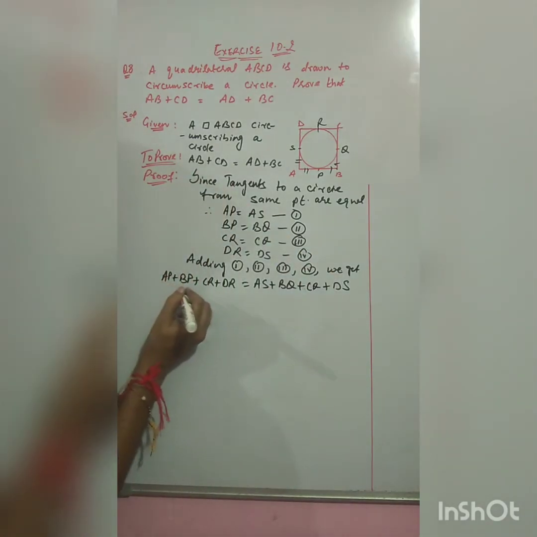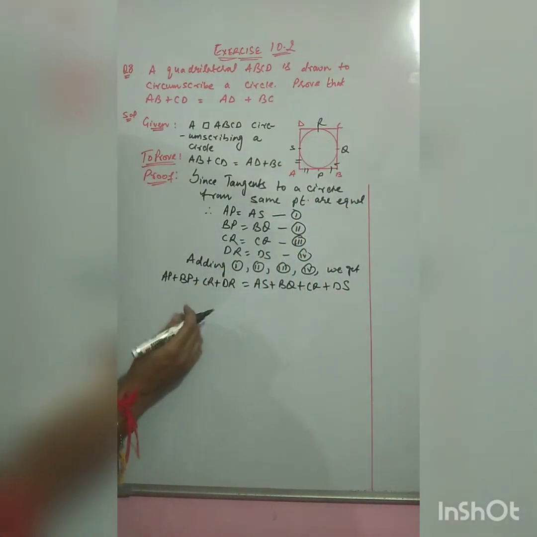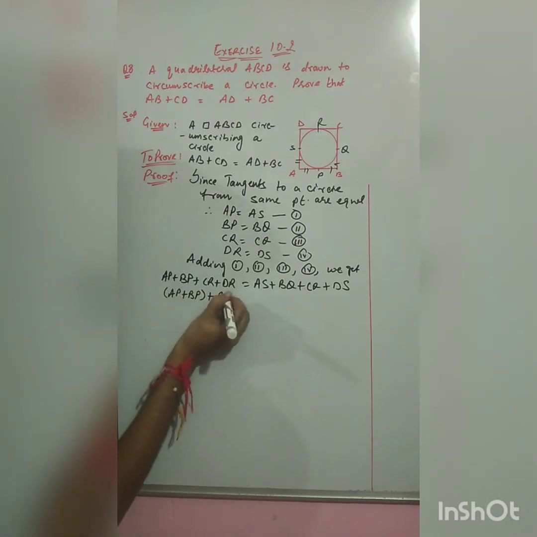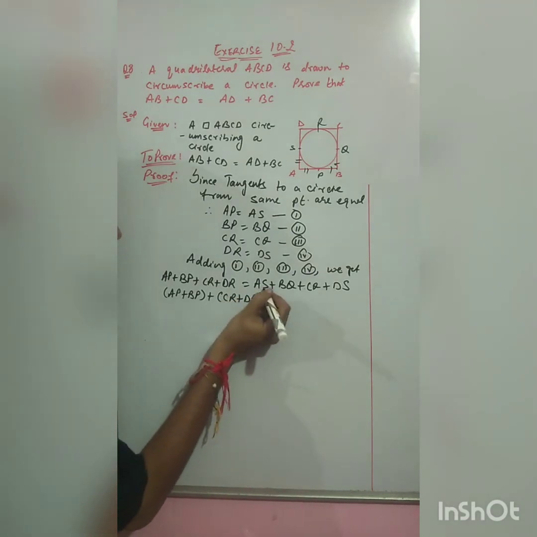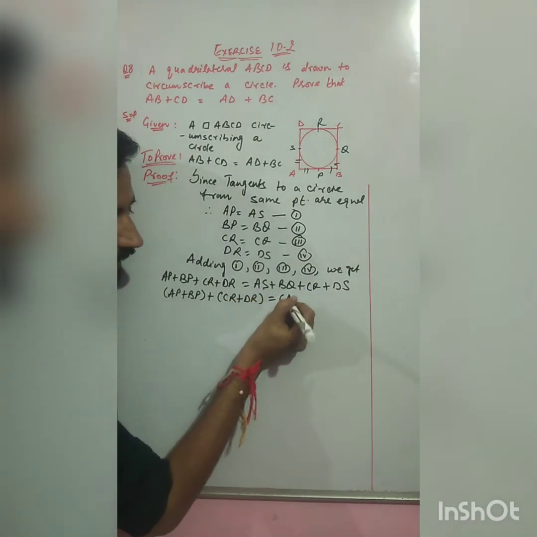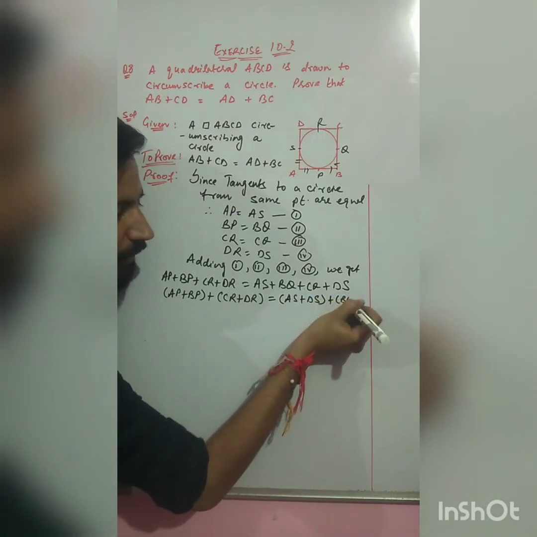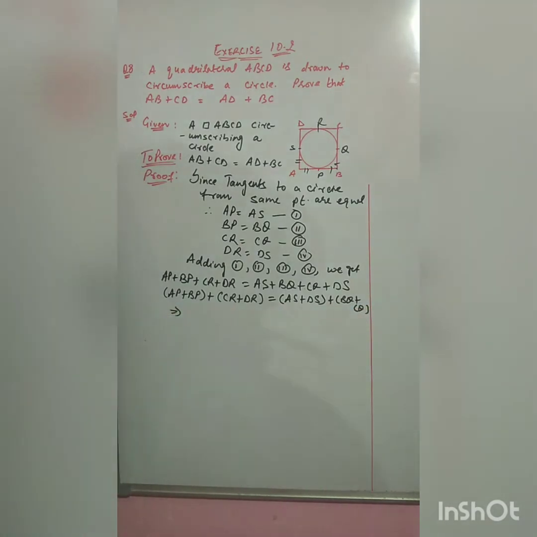So we just have to rearrange these terms to find the required sum. When we combine AP and BP, CR and DR in the same brackets, in the same way we can combine AS, DS, BQ plus CQ. So when we add this, what do we get?